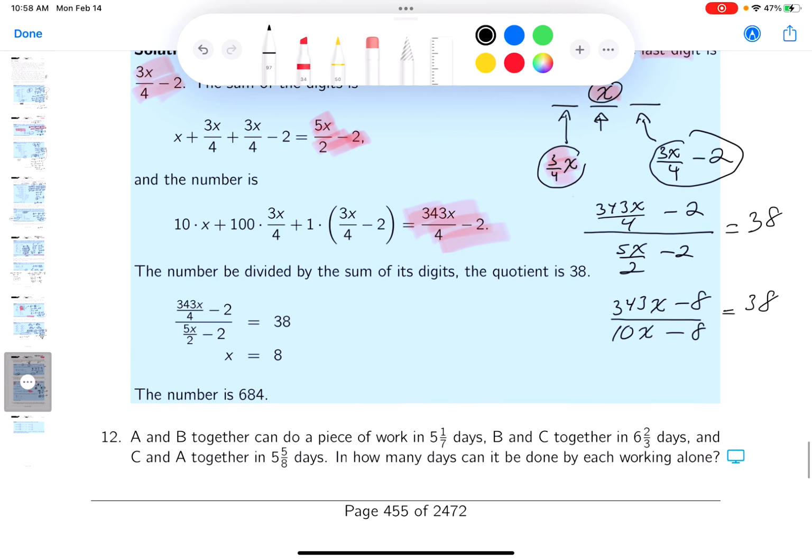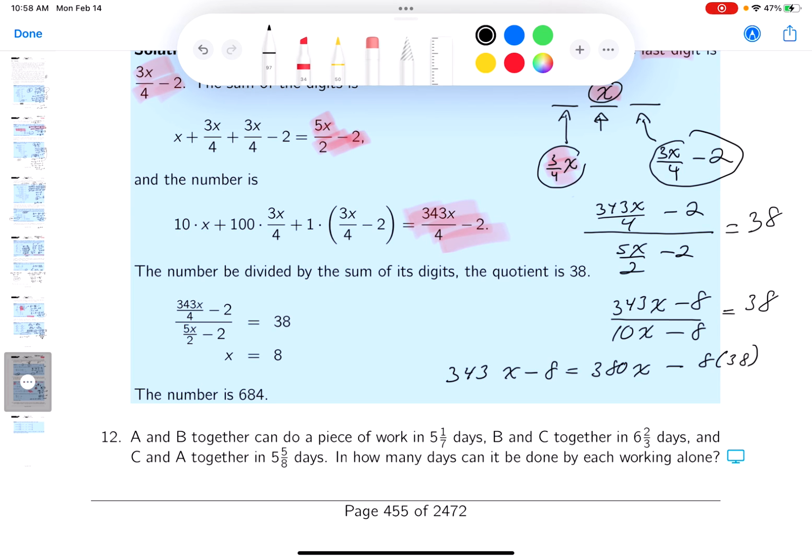Again, I'm going to try to find x now by multiplying both sides by the LCD. So 343x minus 8. That's going to be 380x, and then minus 8 times 38.